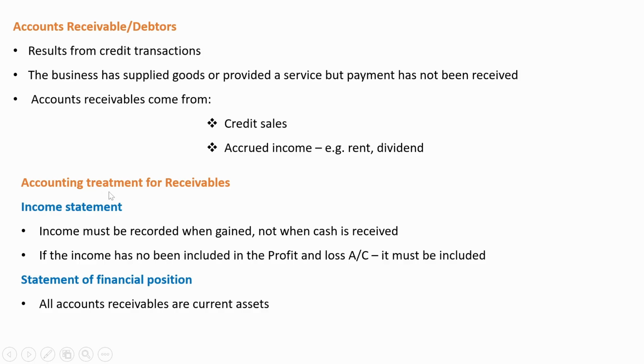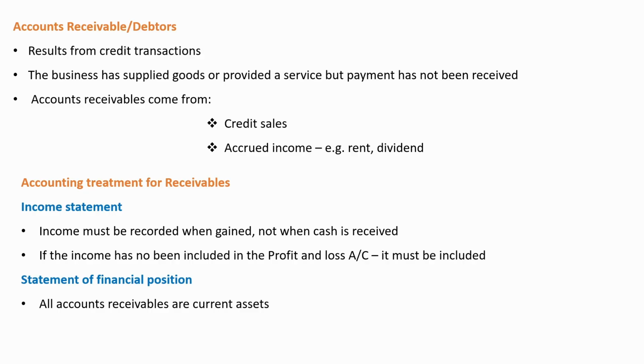So this is accounting treatment for receivables. We are going to be looking at it both in the income statement and the statement of financial position. In the income statement, income must be recorded when gained, not when cash is received. You are supposed to receive that rent in this year, but you end up receiving cash in the next year.